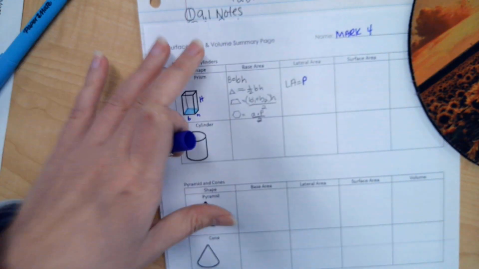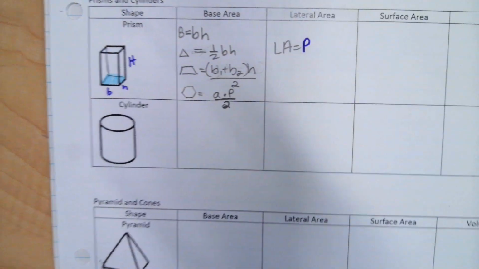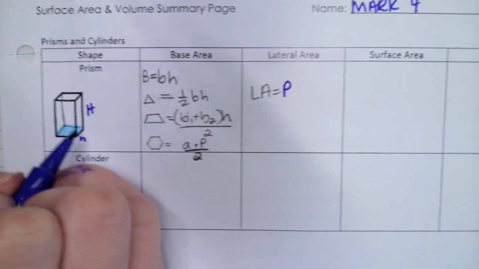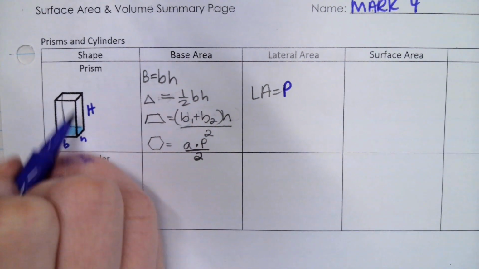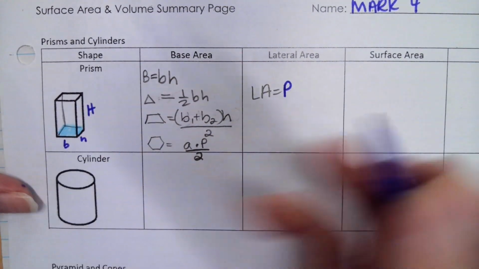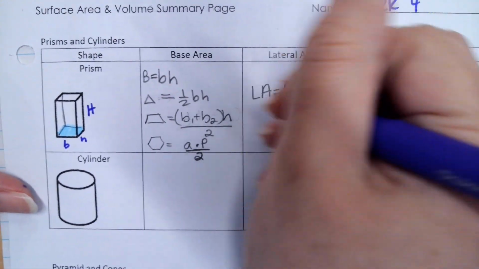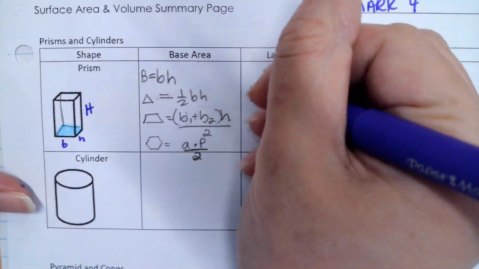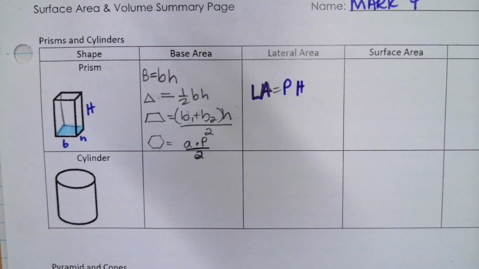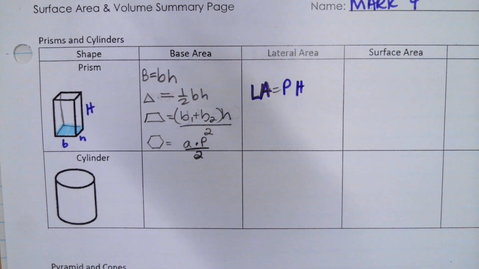No, it's the edge, but it's the what part of the prism? So I have the, no, it's the height, yeah. So we unfold it. We have the perimeter times the height, but this time we use a capital H because we're talking about the height of the prism. Big H, not little h.